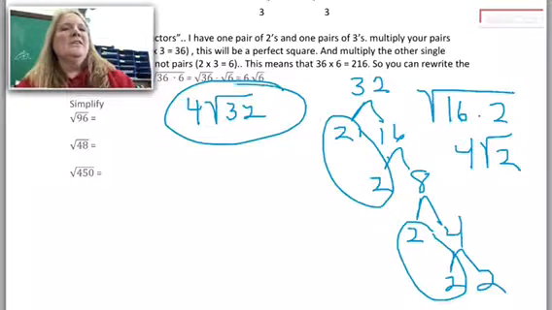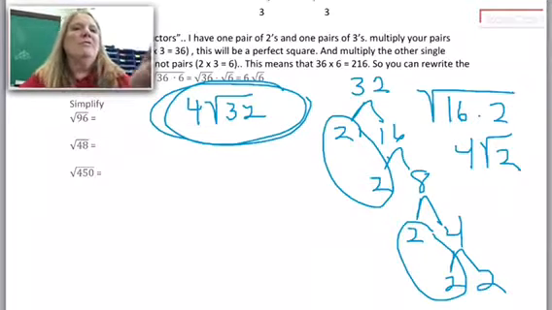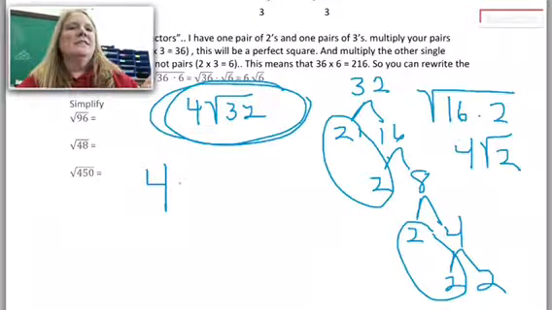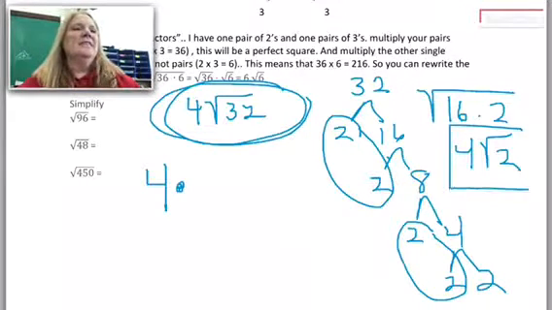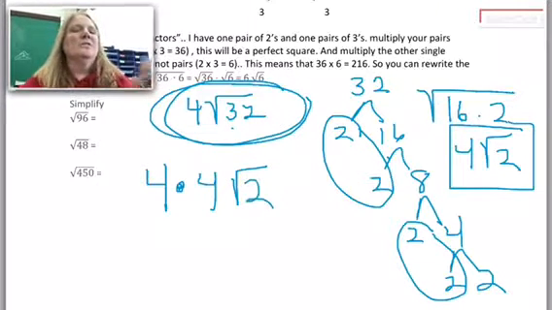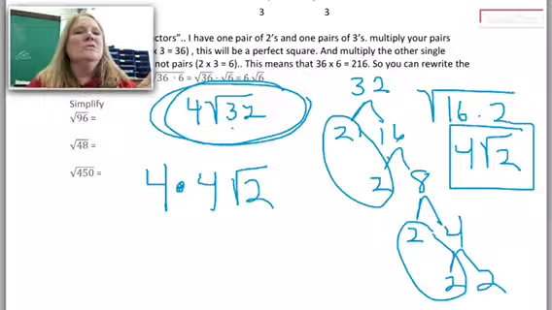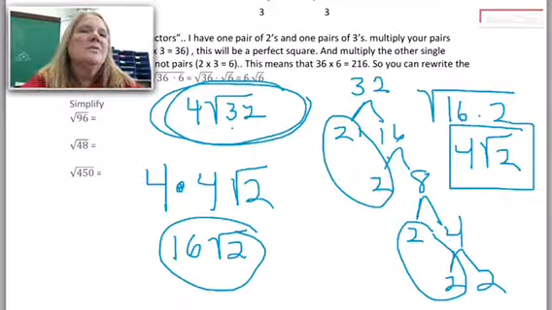So now let's come back over here. So we have 4 times, and now we simplified the square root of 32 to 4 times the square root of 2. So this 4 just comes here, and you multiply 4 times 4, and your answer is 16 times the square root of 2. We'll spend a little more time with that tomorrow, but now I think you have enough information to do the practice.